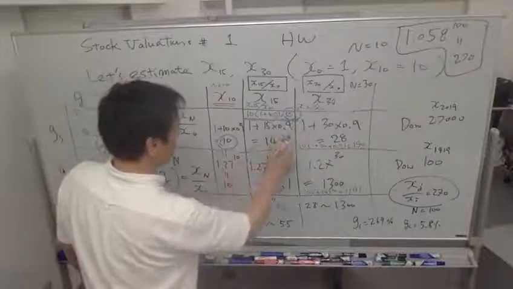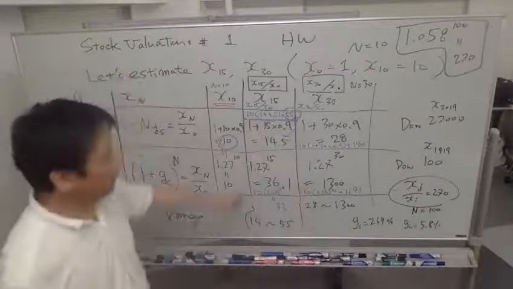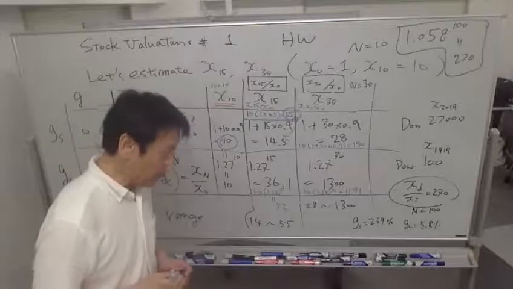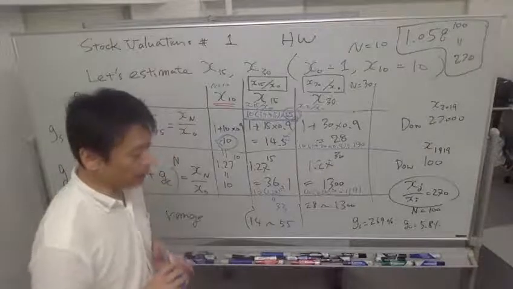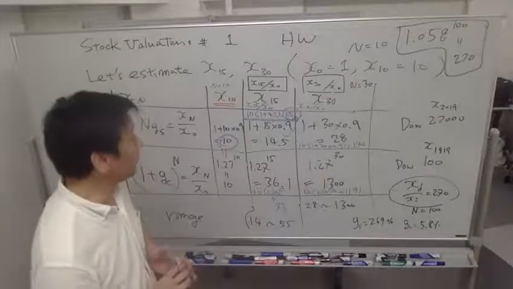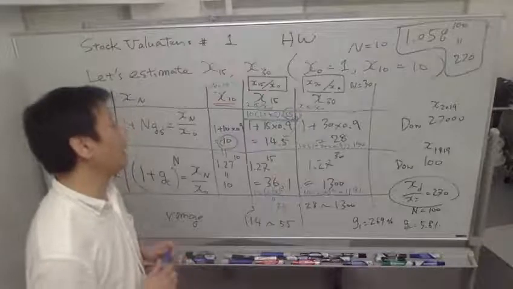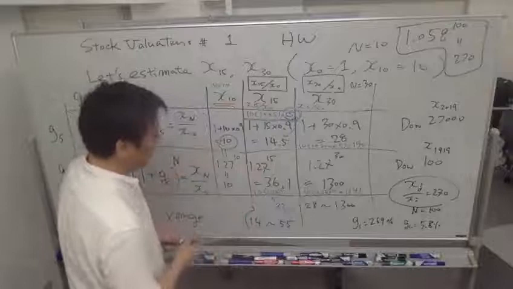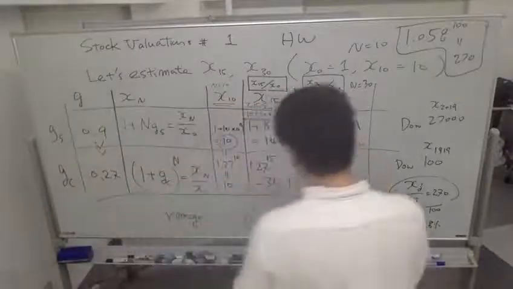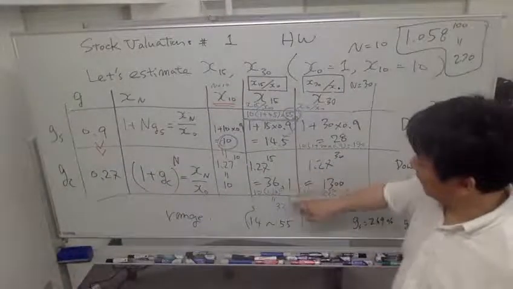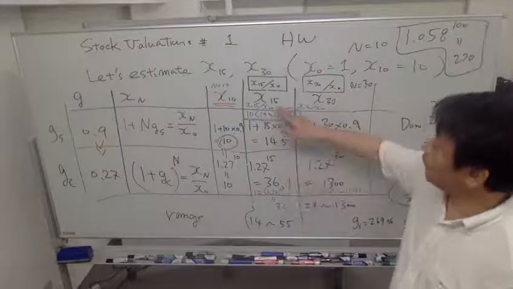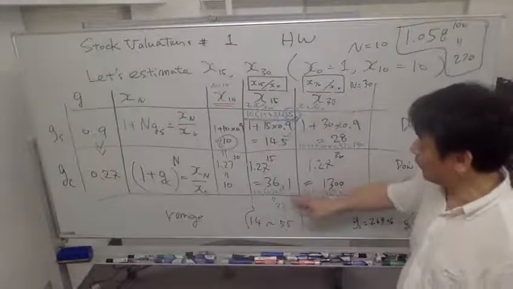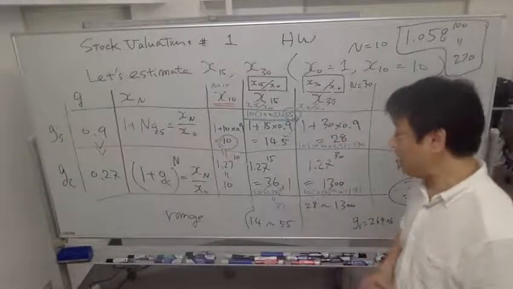Even if you use the simple growth rate, the result could be different. That's okay. However, in compound growth, if you use a different starting point, the result would be nearly equal.